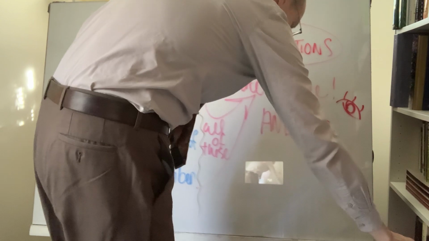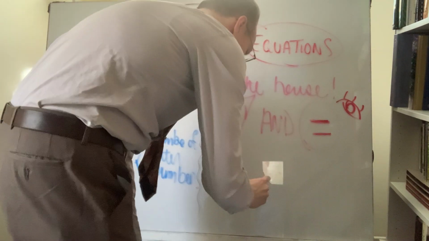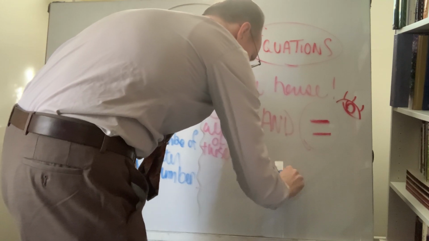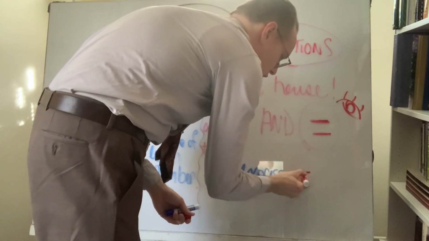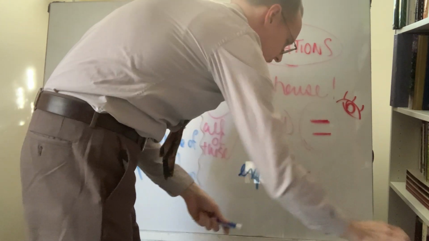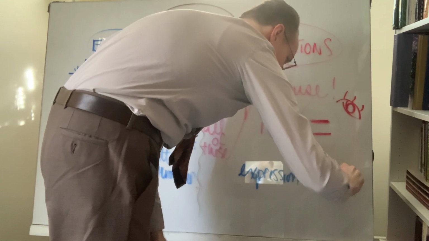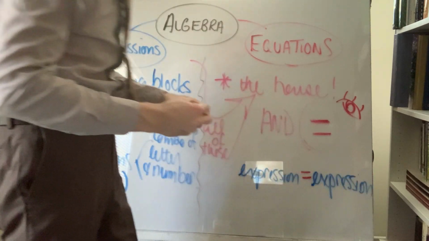Here's perhaps a better way to visualize that. If you can think of an expression as sitting on the left side of an equation, and then a second expression sitting on the right side of an equation.